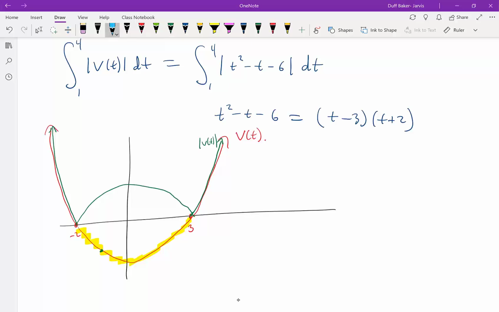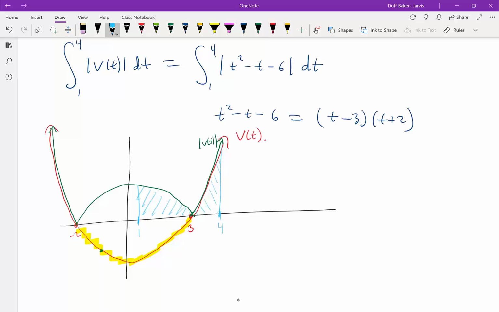Okay, so 1 would be here somewhere. 4 is going to be over here somewhere. So we're looking for this area plus this area, right? So we see that they're both positive, right? In the other ones, we would have had a negative area and a positive area in part A.